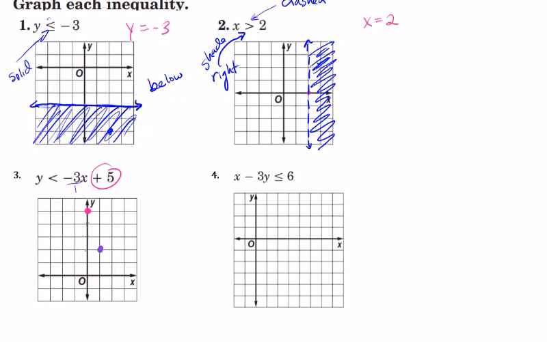Now, if this were an equation, we would just draw a line through the dots and we'd be done. But now we want to think about, okay, is this going to be dashed or solid? So first of all, there's no or equal to, so it's going to be dashed.